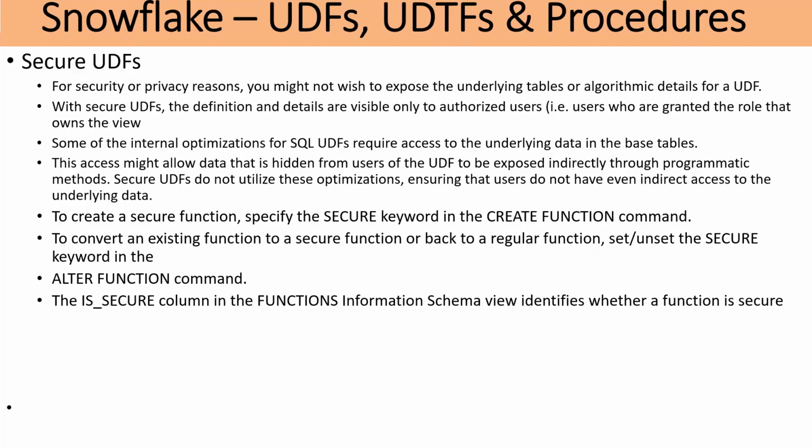And you can make a secure function non-secure, or a non-secure function secure, using alter function. Alter function name set secure. Alter function name set non-secure. And if you describe the function, there is a column that tells you whether it is secure or not.